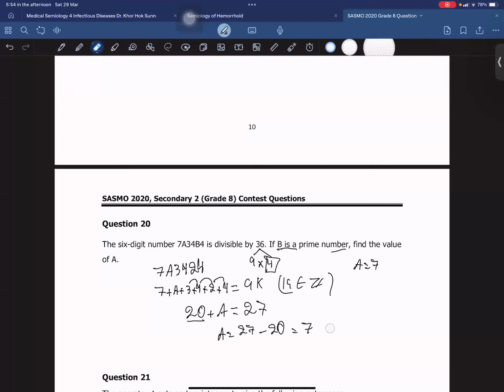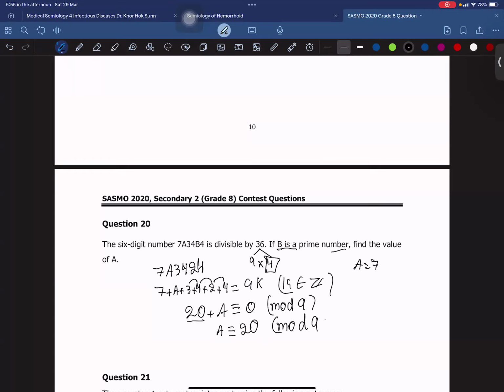Or you can use another way. We use modulo, like what I taught you last week. So we do 20 mod 9. 20 divided by 9 is 2 with 18, so the remainder is 2.